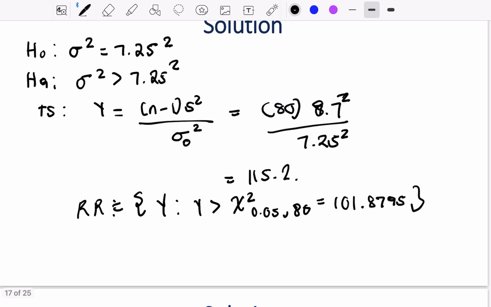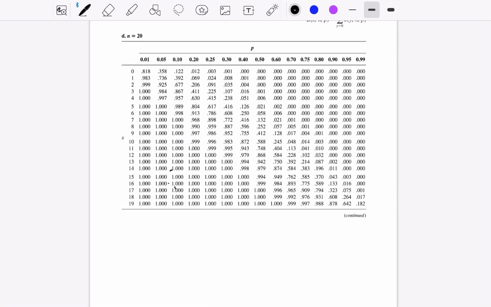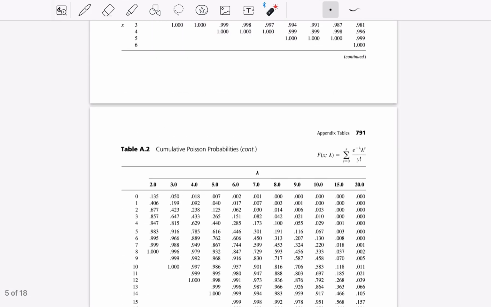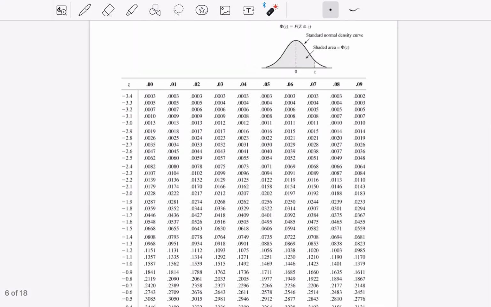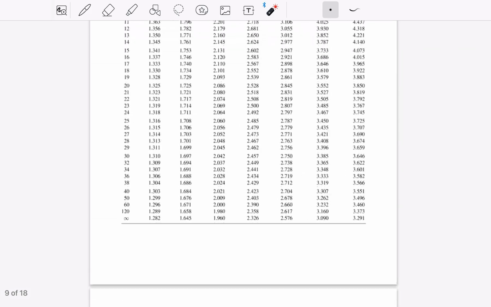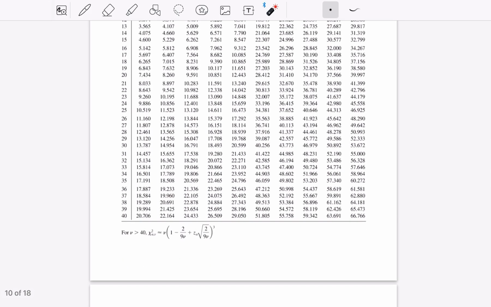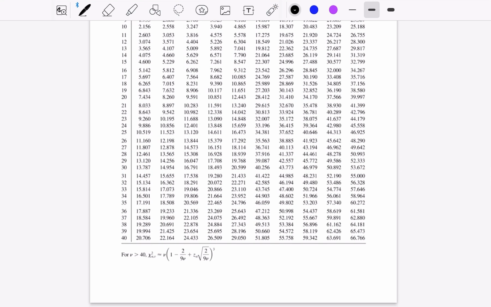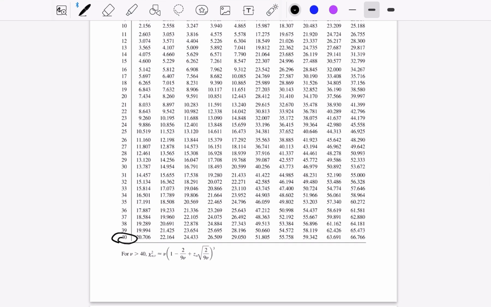So in the test, I assume that the lecturers, maybe they're gonna make sure that the value is tabulated, but at the bottom of your tables, they gave you like an approximation. Let me go to your table so that you know what I'm talking about. Okay, so looking for chi-square values. You see, they only give it to you up until 40 degrees of freedom, but now we had 80.